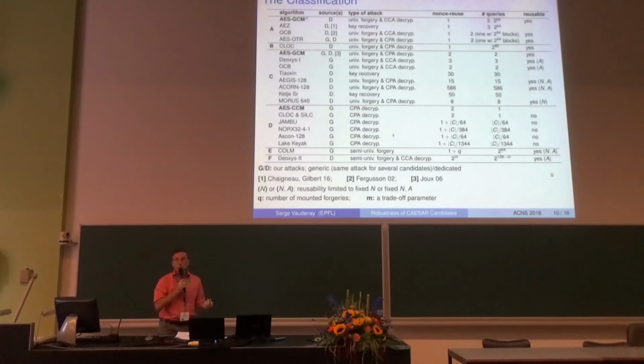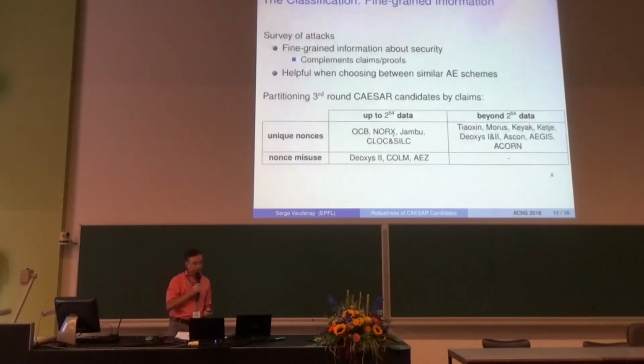Okay, so it's not vulnerable to nonce misuse attack, which is compatible with what the authors claimed, but we have a terrible attack at the birthday bound. Okay, that's for AZ. And for this class of algorithms, these algorithms are supposed to resist attacks at the birthday bound, but not beyond.